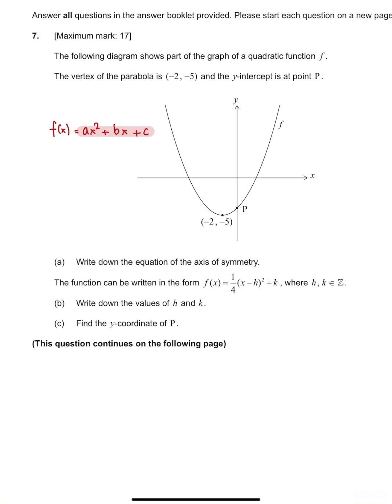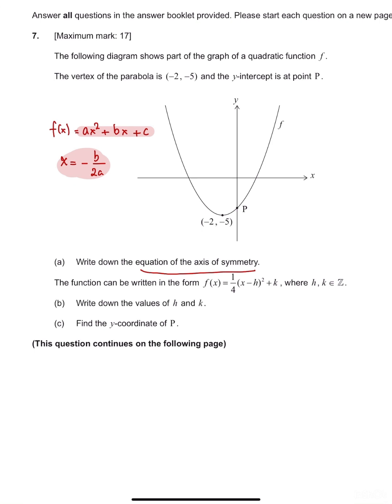If they want the equation of the axis of symmetry, that will be x equals negative b over 2a.